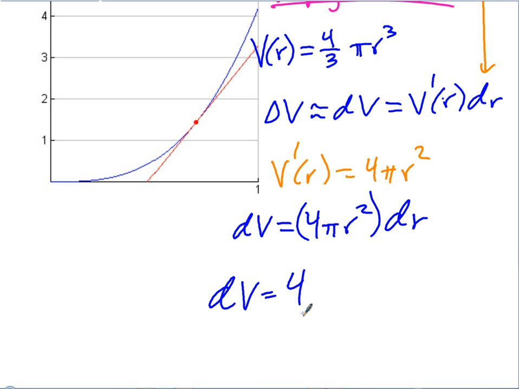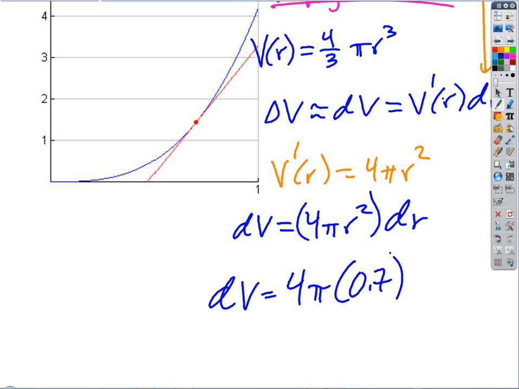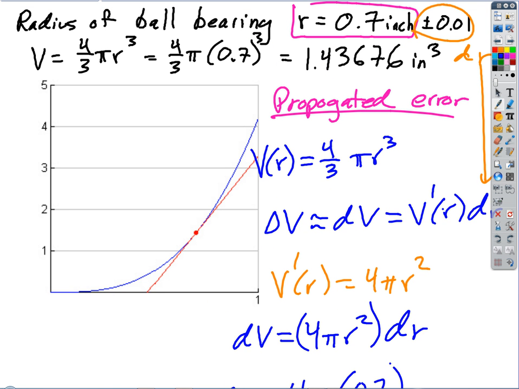Somebody bust out your calculator and check that. So 4 times pi times 0.7, and, as we say in physics, we'll just suppress the units here, which is a cop-out way of being lazy. But we know we're dealing with distances in inches.